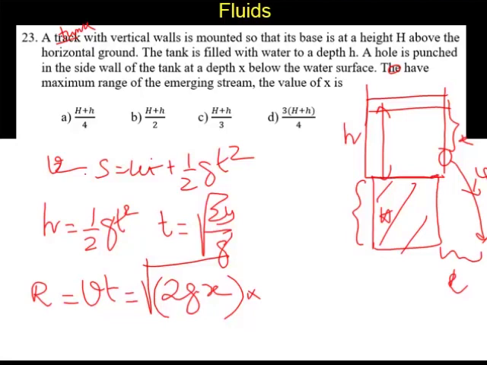T is root of 2H by g. So this is going to be root of 4xH. 4xH under the root is going to be the answer.